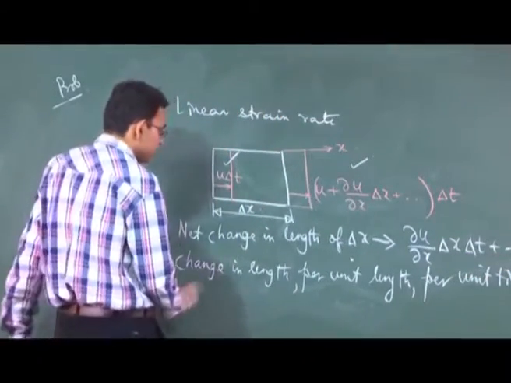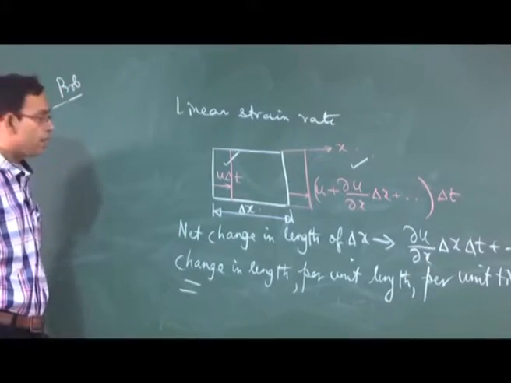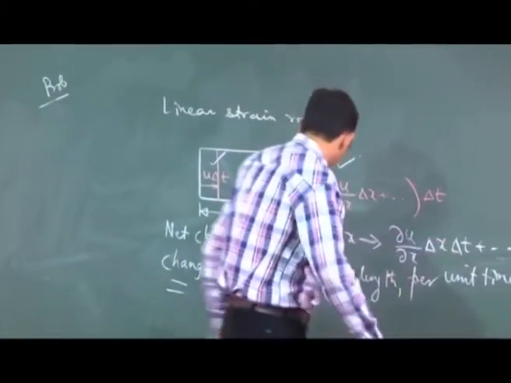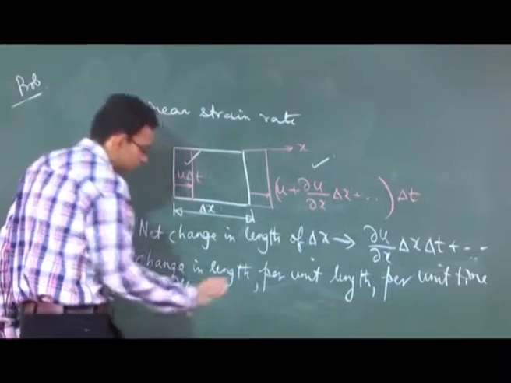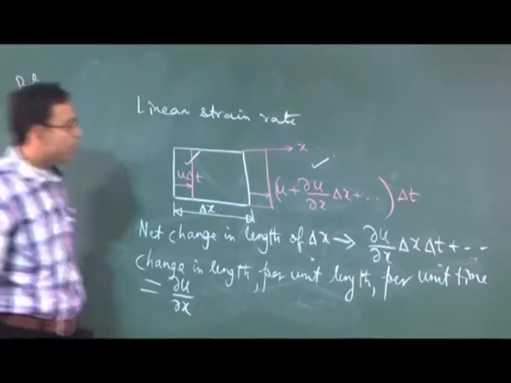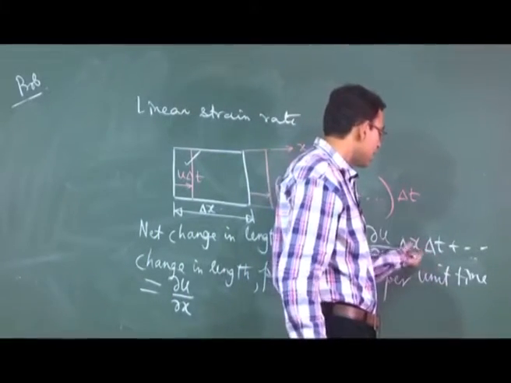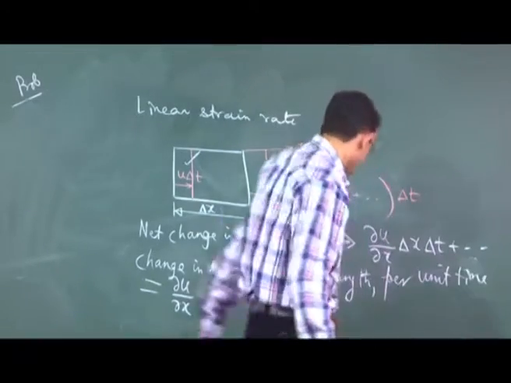So this is what? Change in length per unit time. So this is del u del x, right. You divide it by delta x, divide it by delta t, and if you take this delta x delta t in the limit tending to 0, all the higher order terms will vanish.